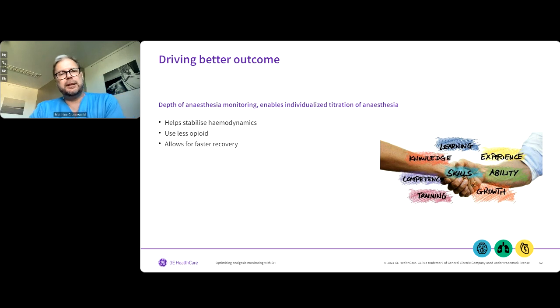My conclusion is depth of anesthesia monitoring enables individualized titration of anesthetics. It helps to stabilize haemodynamics, as I have shown you, especially during induction and maintenance of anesthesia.